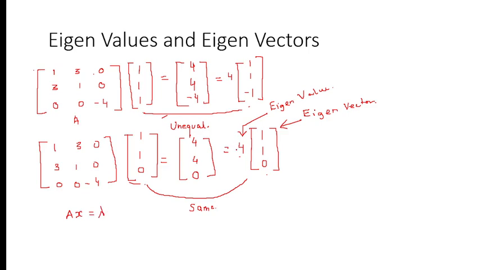This is the equation you find everywhere to understand eigenvectors. From this equation, X is the eigenvector, where A is a matrix, X is a vector, and lambda is a scalar quantity.